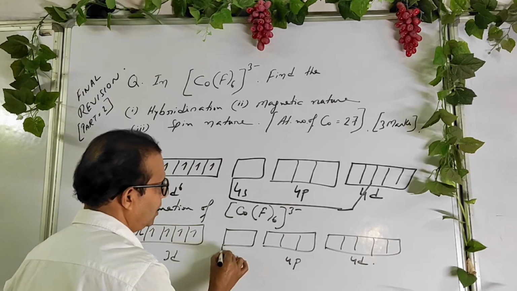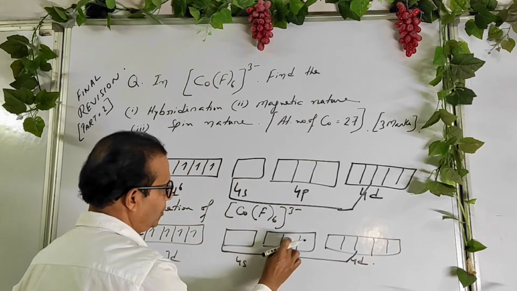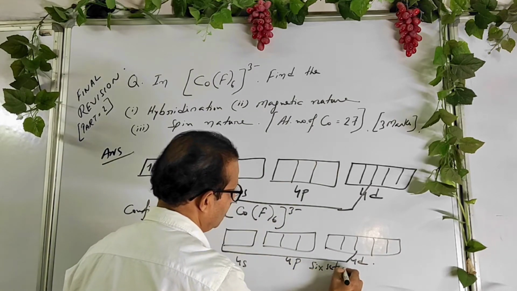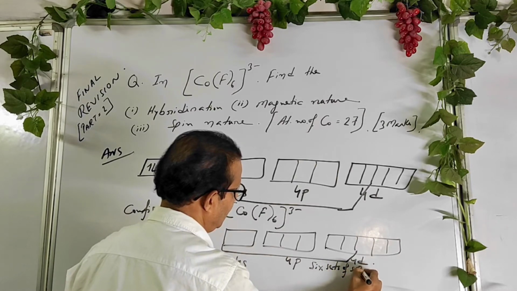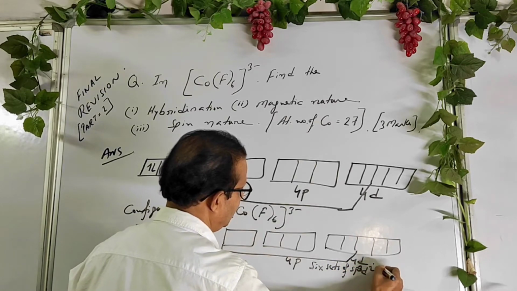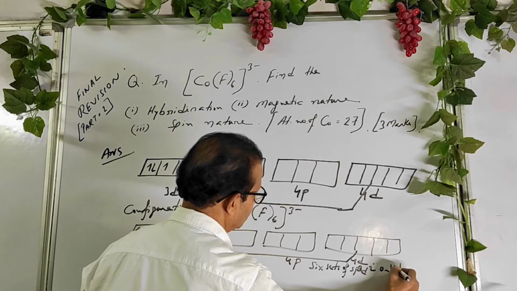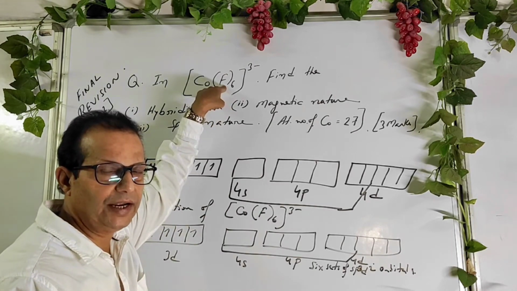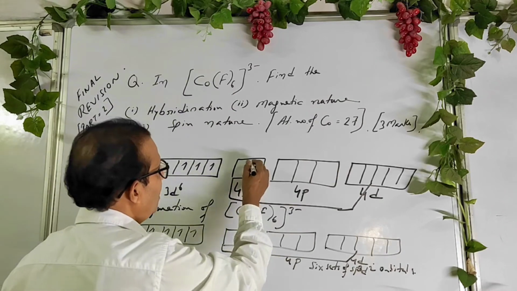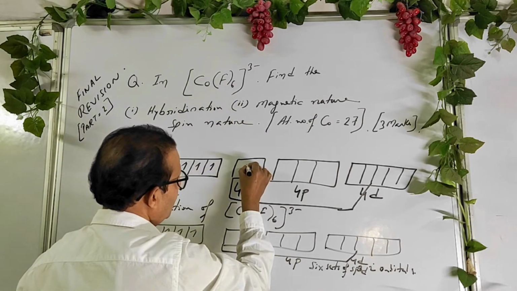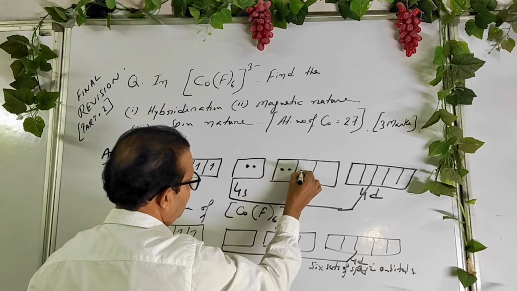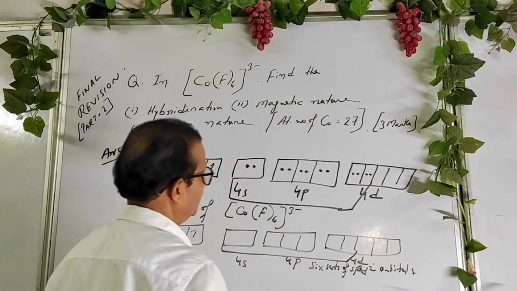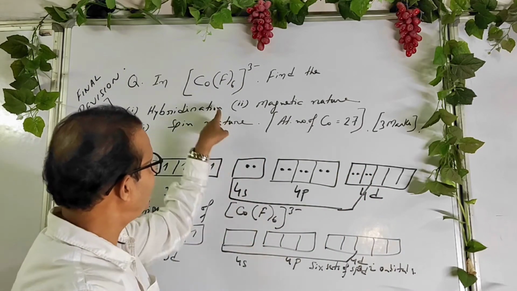So 1, 2, 3, 4, 5, 6. So 6 sets of sp3d2 orbitals. As I have told you, each ligand donates 2 electrons. So there are 6 ligands, 6 into 2, 1, 2, 3, 4, 5, 6, 7, 8, 9, 10, 11, 12. Now listen to the answer. So which hybridization takes place here?